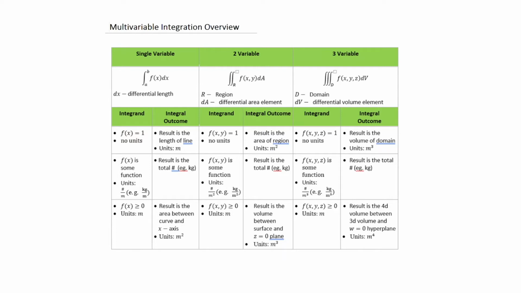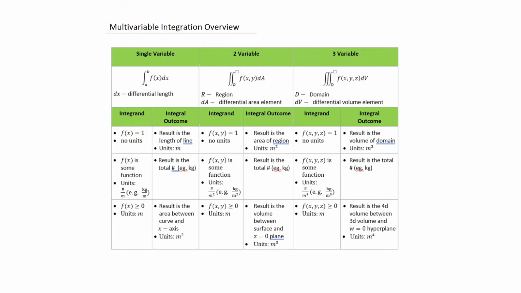If you integrate, the result would be the total mass, the number sign representing kilograms. And the third option is if f of x is greater than 0 and has units of meters, then basically what you're computing is the area between a curve defined by f of x and the x-axis, between x equals b and x equals a, and the units in this case would be meters squared, which is in fact an area.